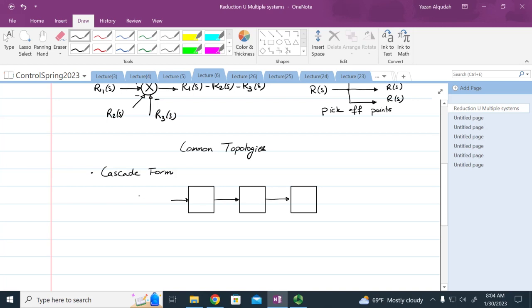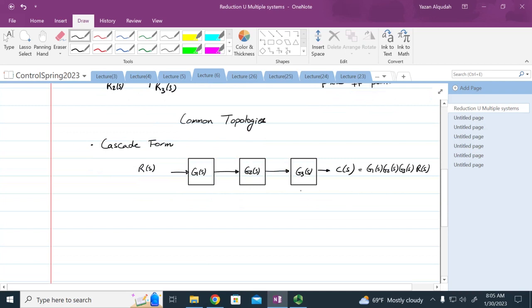So we can have an input R of S, G1 of S, G2 of S, G3 of S, and this is the output C of S. What is C of S going to equal to? Very good. G1 of S, G2 of S, G3 of S multiplied by R of S.